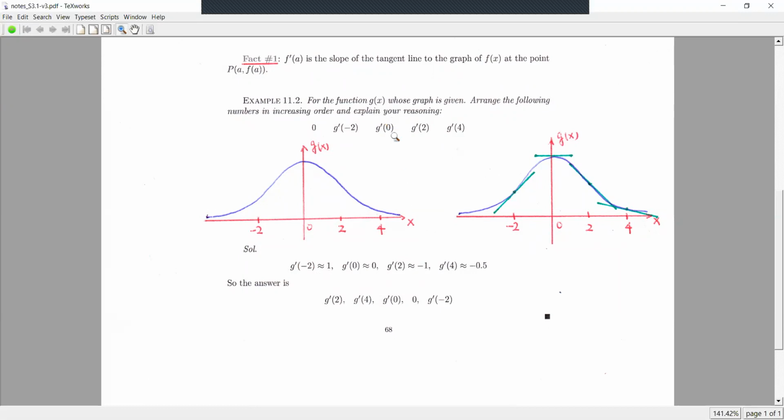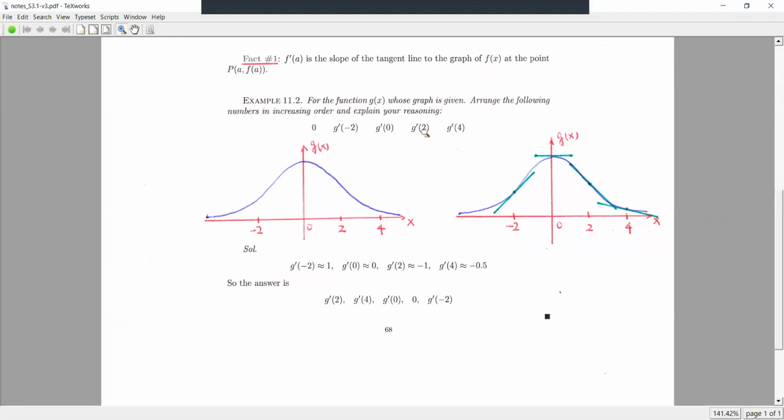Now, the derivative at 0. According to this fact, this is the slope of the tangent line at 0. At 0, I draw a tangent line to the graph of the function. The slope of this tangent line looks like 0 because this tangent line is about horizontal. So I guess the derivative of g at 0 roughly is 0.